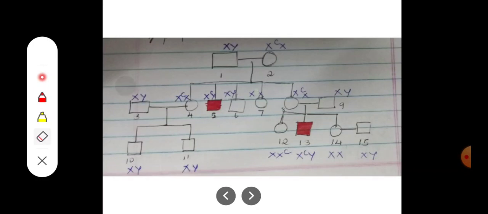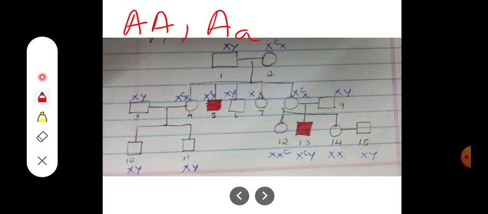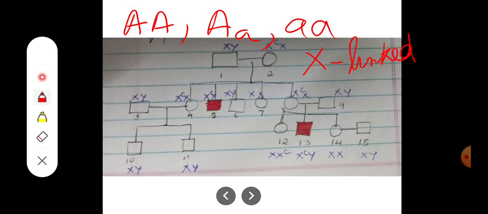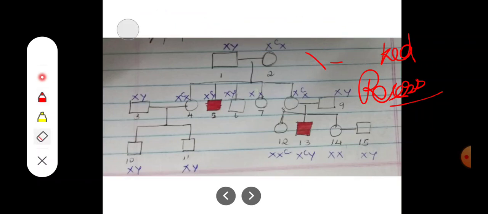As I told you, for autosomal diseases we use capital A and small a. Now we understood that it is an X-linked recessive disorder. In that case, what should we do? We use XX for females, and XY for males.